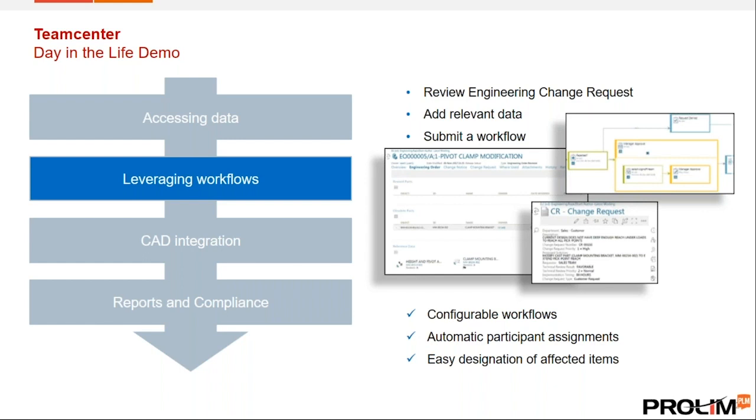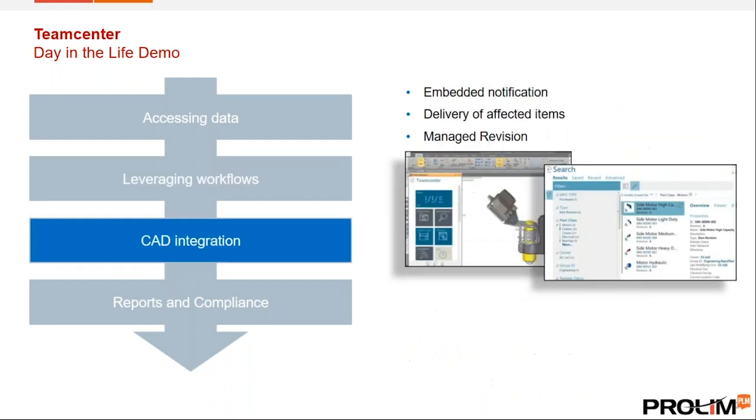It goes from one person to another, automatically triggering, and they can see it in their inbox. Very easy, intuitive workflow. You can look at a table view or a graphical view. You can see at any given point of time where that item is in the workflow. Very easy and simple. As you said, it's a very consistent managed process.